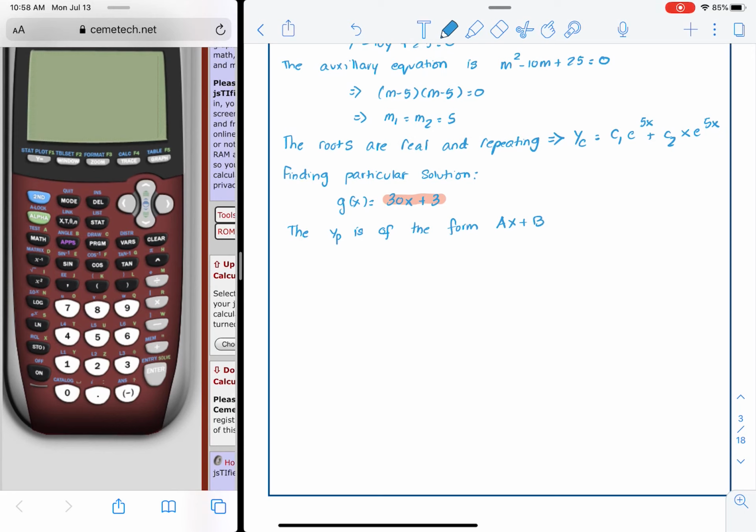Now, how do we find a and b? Here, a and b are the undetermined coefficients. So to do that, we are going to make use of the given g of x to find the corresponding values of a and b.